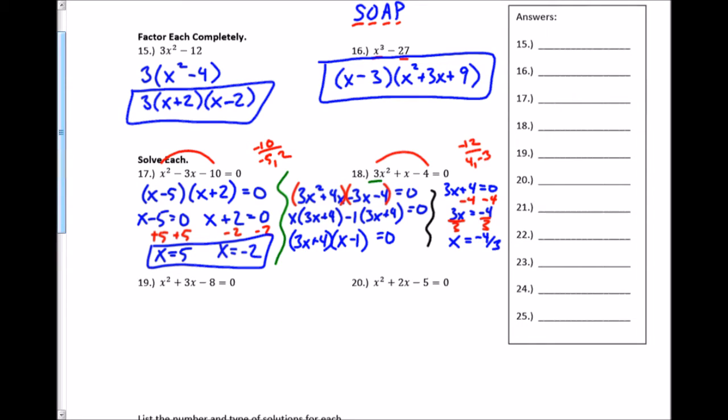And then I also do the x minus 1 equals 0 and solve. So I get these two answers. I get x equals a negative 4/3, and I get x equals 1. Okay?